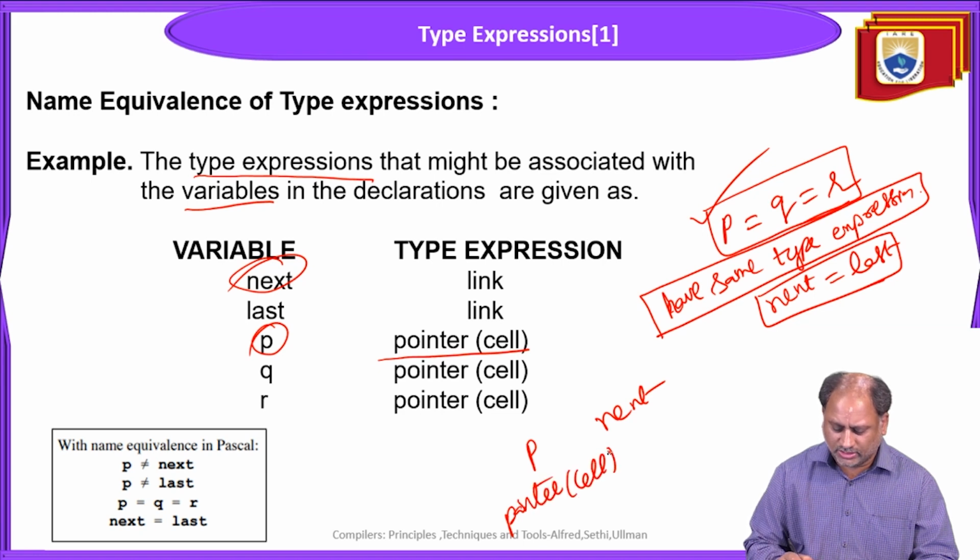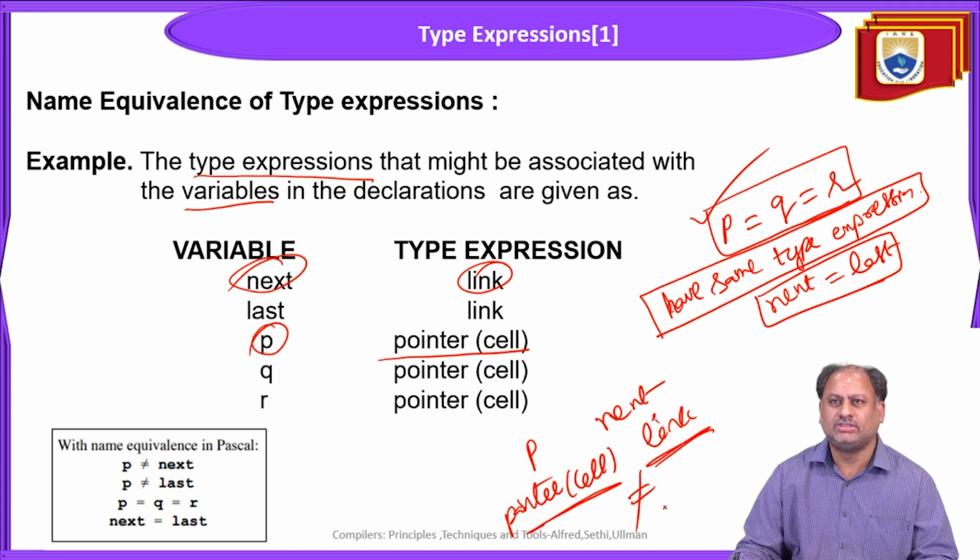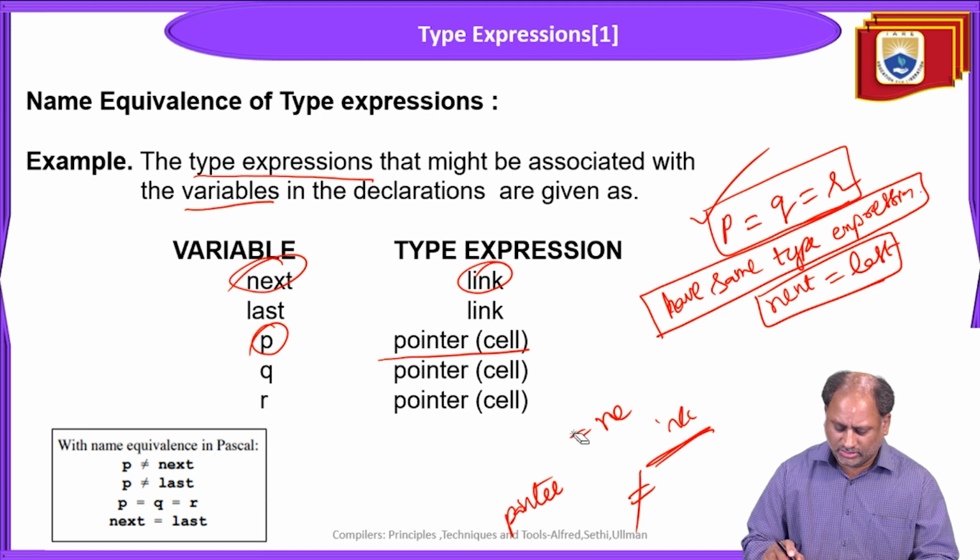And what is it for next? Link. So this type expression need not match. P's type expression is one thing, next is another thing. Both are not matched. That's why P is not equal to next. And if you compare with any other type expression, for example, P and last.